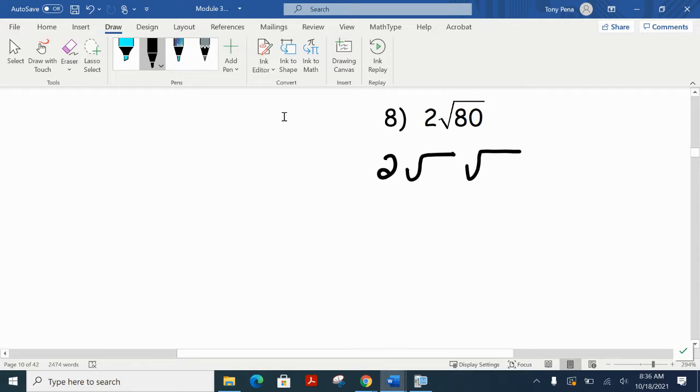That factor chart would be good too, if you have that Mr. Kubowitz gave. If you have that factor chart, that would allow you to look at 80 and see what would multiply by itself to give you 80, if anything.